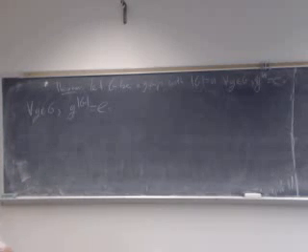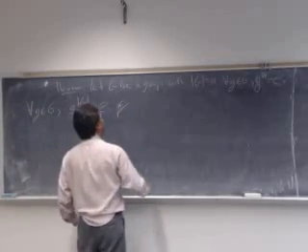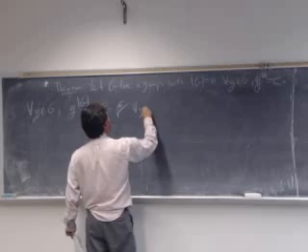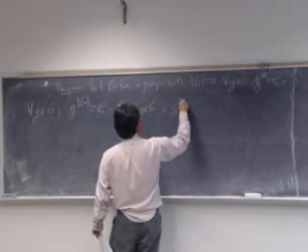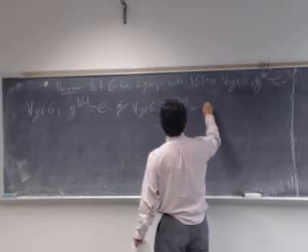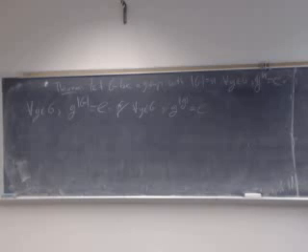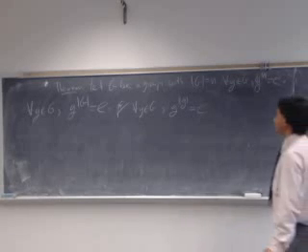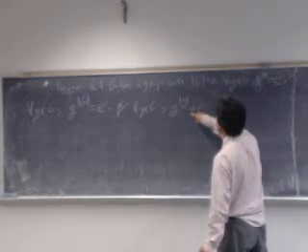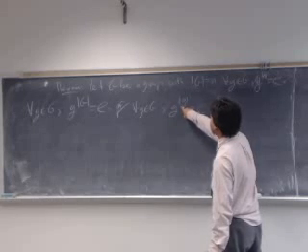So why is that true? Well, we know for all g in G, g raised to the order of little g is just the identity. That's because the order of g in a finite group is the smallest power that takes you to the identity.